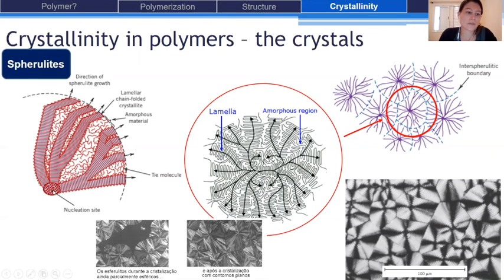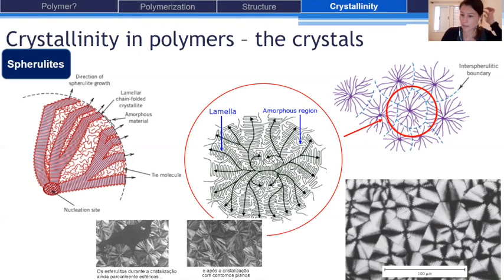So when we cool a melted polymer, we have a nucleation site, which is represented here at the center of the spherulites. And from these nucleation sites, we will have different lamellas that will grow in a spherical way.